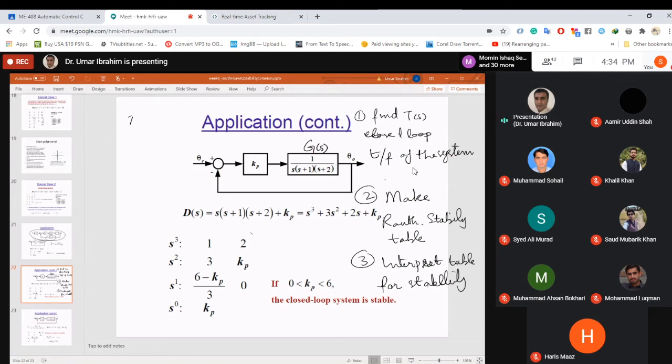Then the closed loop transfer function, the transfer function of the whole loop, will be equal to k g of s divided by 1 plus k g of s. Closed loop transfer function T of s. What is the characteristic equation of the closed loop function?